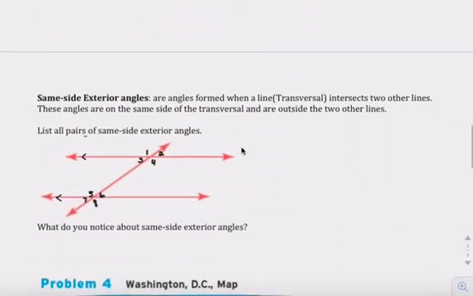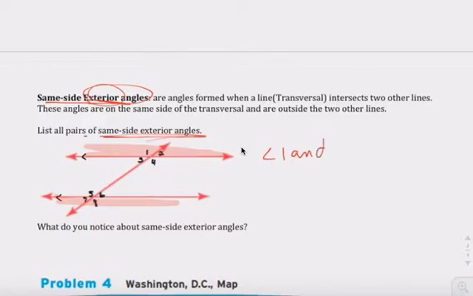Okay. Same side exterior. You need to know what exterior is. So angle 1 and angle 2 are same side exterior. These vocabulary words are important.